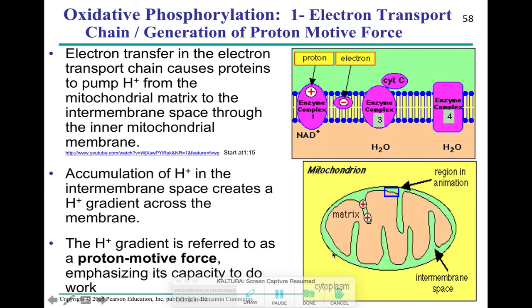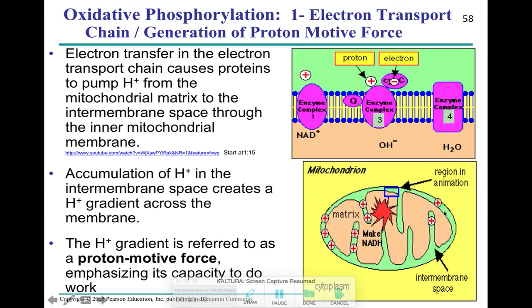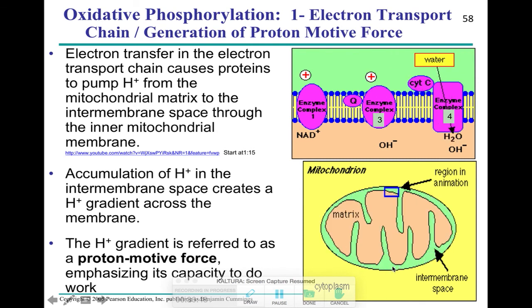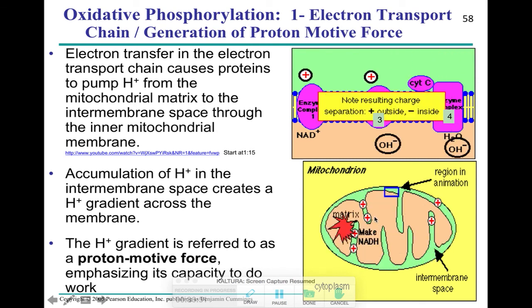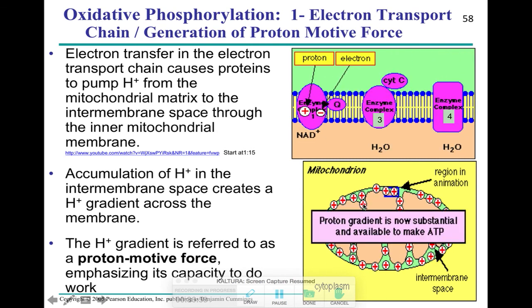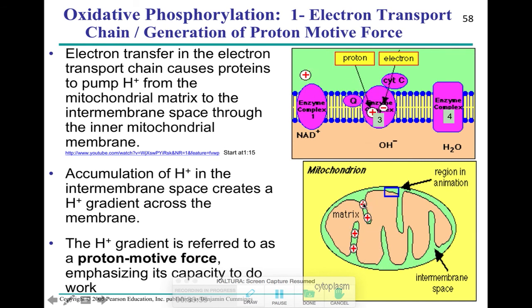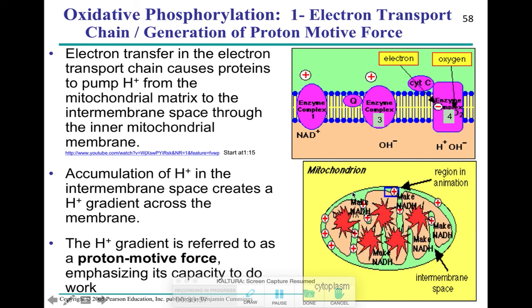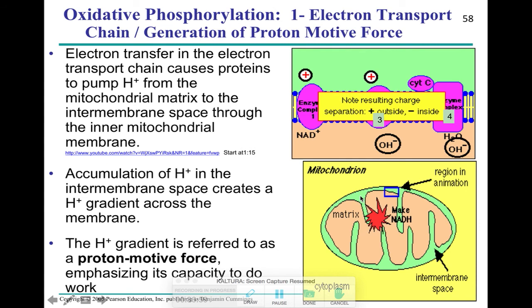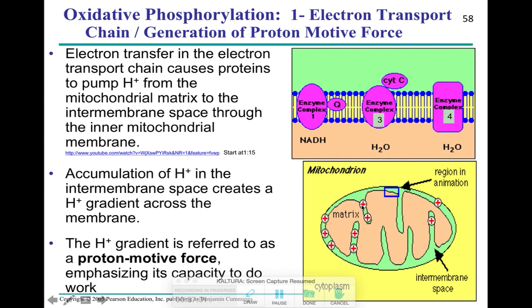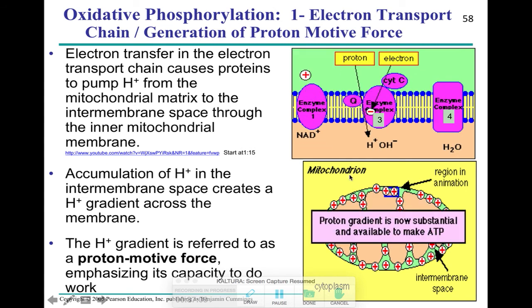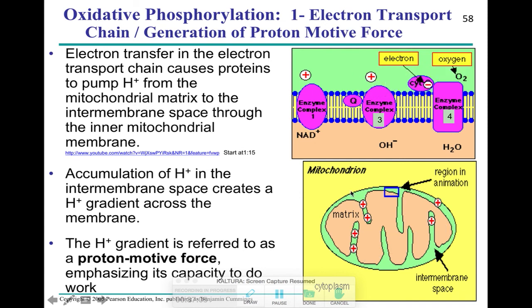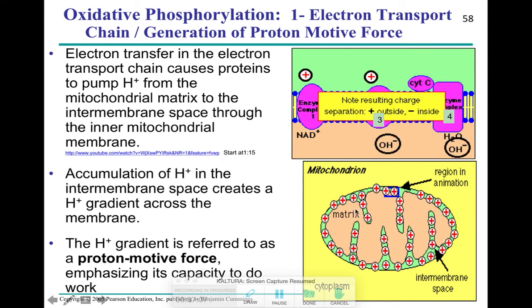We have collected, or mitochondria have collected, a lot of hydrogen ions in this intermembrane space. Remember, hydrogen ions are H plus. They have a positive charge. Membrane is made of lipids, so lipids do not allow anything that has charge to pass through them. So they are stuck. The outer membrane will not let these hydrogen ions go out of mitochondria.